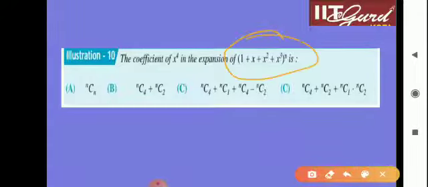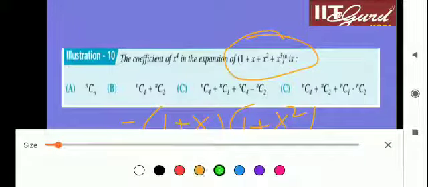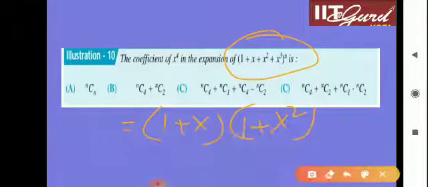Here this term can be written also as 1 plus x to the whole power n, and 1 plus x square also. You can write down these terms, and here you will get this to the whole power n, the same n as over here.